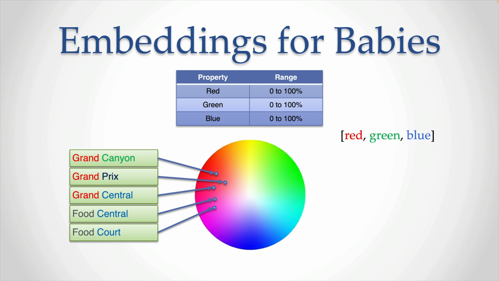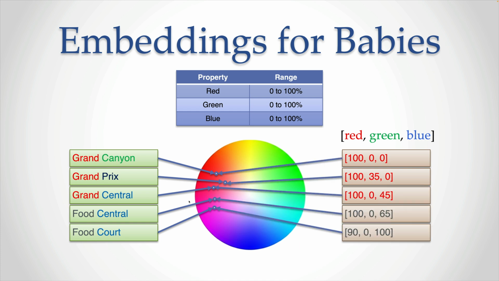Let's say we turn those properties into a vector, essentially, or array, if you like. I'm going to put each value that I have for each of these chunks, after I do the embeddings, into an array. And so for Grand Central and all my other chunks, this is what I might map them to, right? I might say that Grand Central has 100% red and no green and no blue.